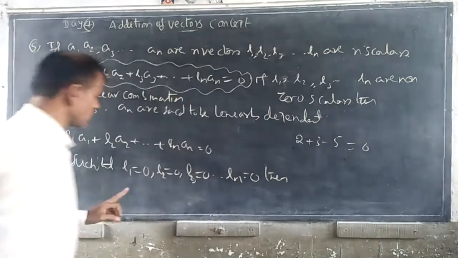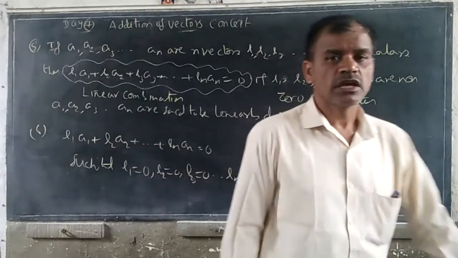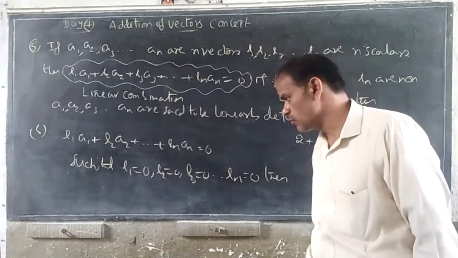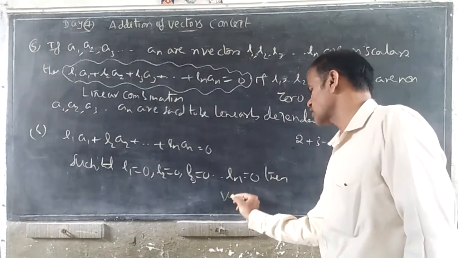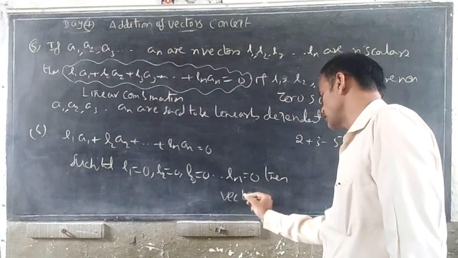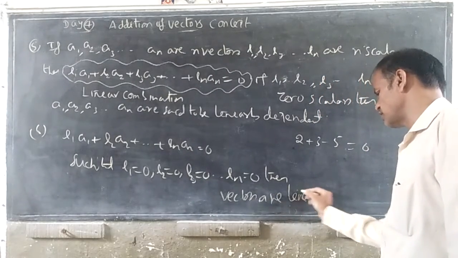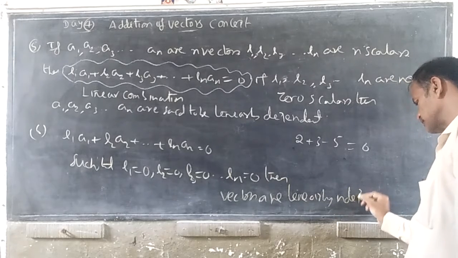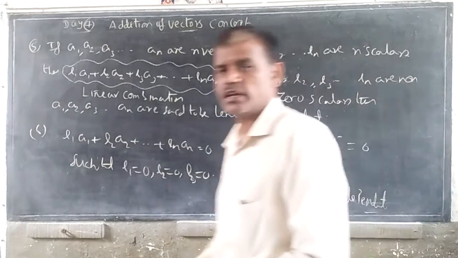If L1 equal to 0, L2 equal to 0, L3 equal to 0 and A1, A2, A3, so on, An are n vectors, with the combination 0 plus 0 plus 0 like this, then the vectors are said to be linearly independent.